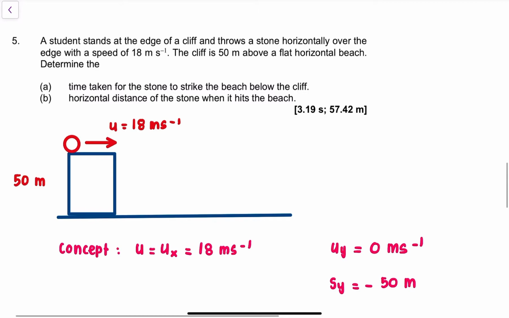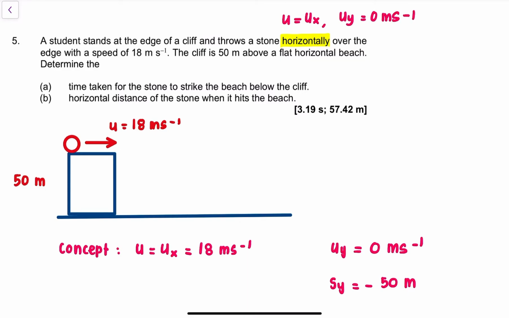Alright. Next question, number 5. A student stands at the edge of a cliff and throws a stone horizontally. We need to highlight the keyword horizontally, because from it we know that the initial speed must be referred to the x-axis, and the initial velocity at the y-axis must be equal to 0.